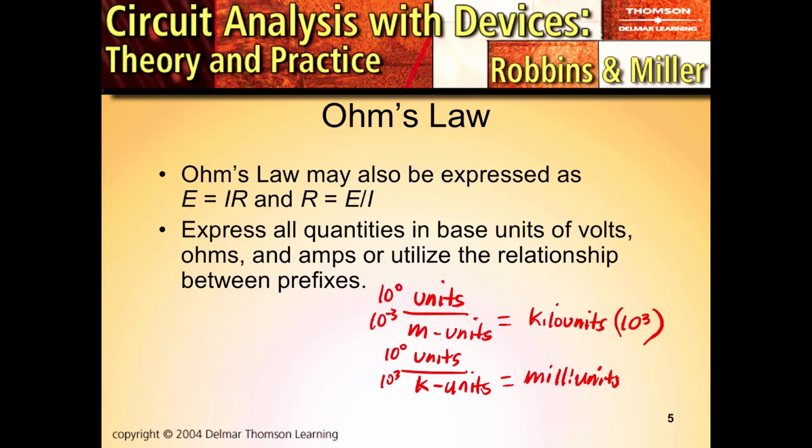Remember, you subtract exponents when you divide, so the result here is going to be 10 to the minus 3, which you know is milli-units. So that's what it's talking about when it says the relationship between prefixes. We're talking about engineering prefixes: milli, micro, kilo, mega.